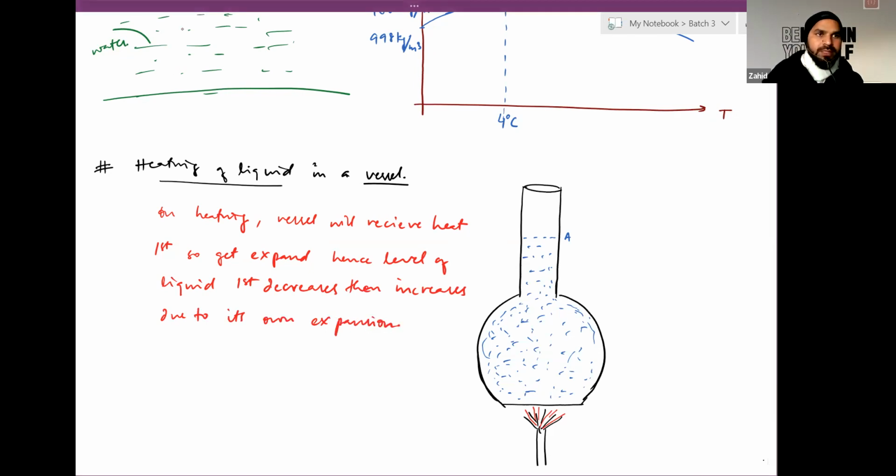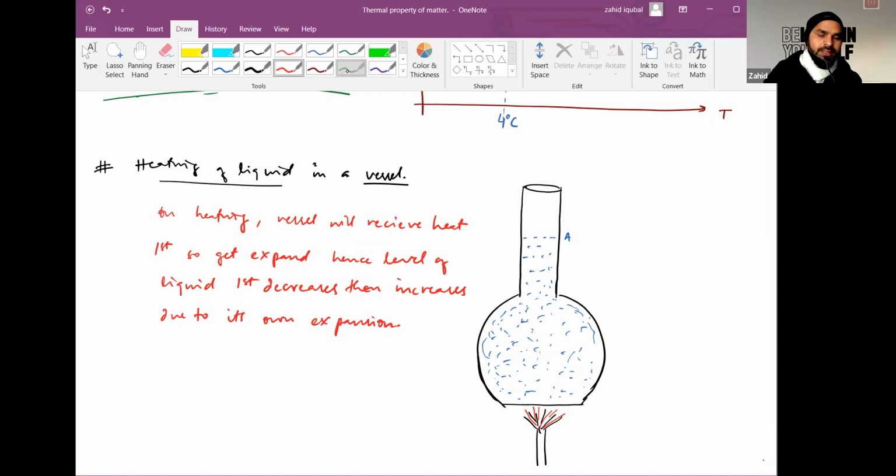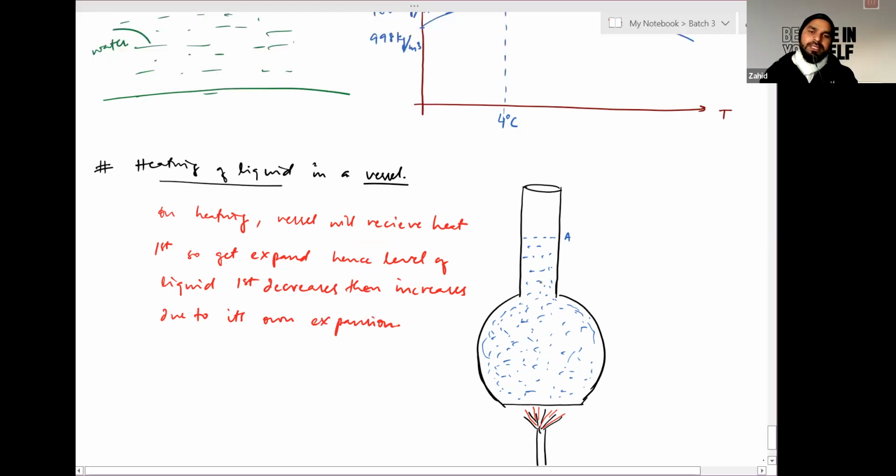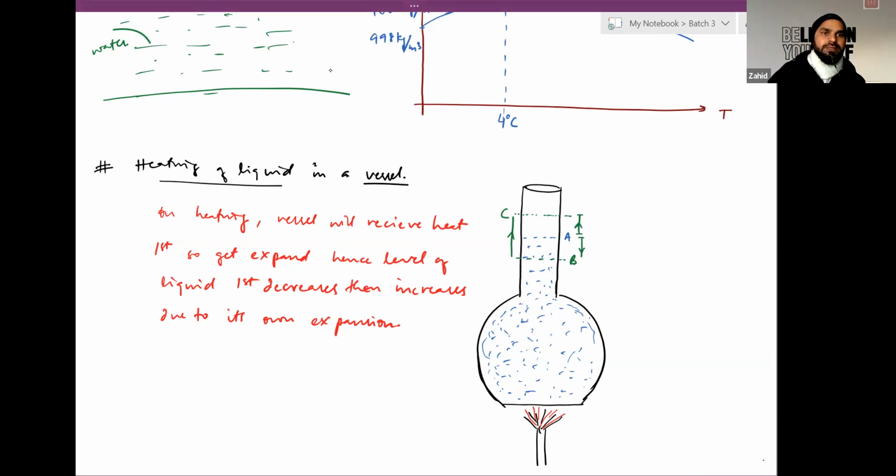Now let me define its mathematical part. On expansion of the vessel, the level of liquid may reach this point, let's say B. On further expansion of liquid, it may expand to this point, C. So going from A to B is due to expansion of the vessel, but going from B to C is expansion of the liquid. But we will observe only this part, A to C, which is called apparent expansion.